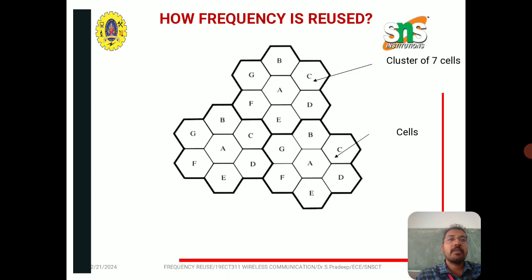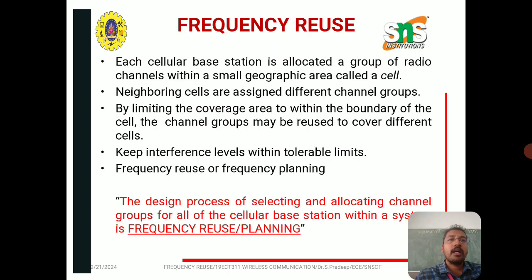This is the block diagram which shows how frequency is reused within the cluster of cells. In this, each cellular base station is allocated a group of radio channels within a small geographic area called a cell. Neighboring cells are assigned different channel groups.